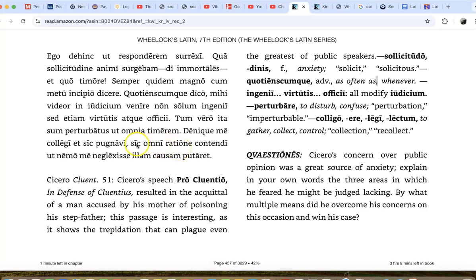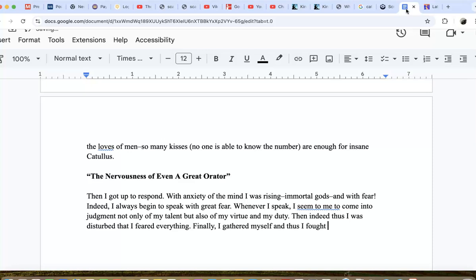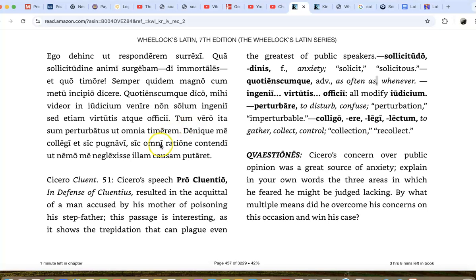You might even say, and thus by the power of reason, rhetorically in English, but literally thus by all reason. Once again, I'm going to keep it somewhat literal, but we do have by all reason.